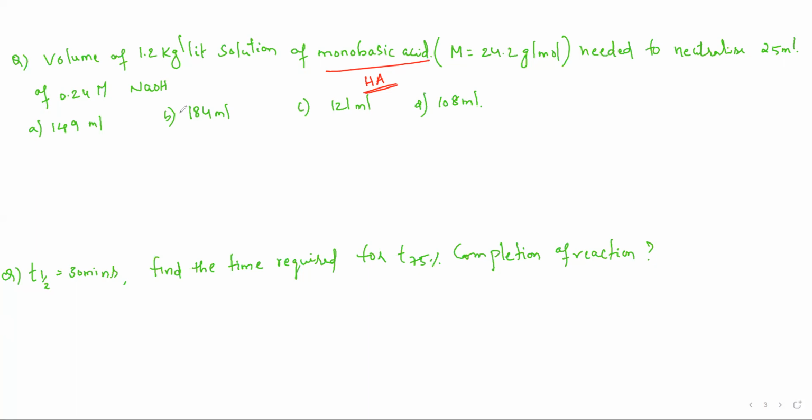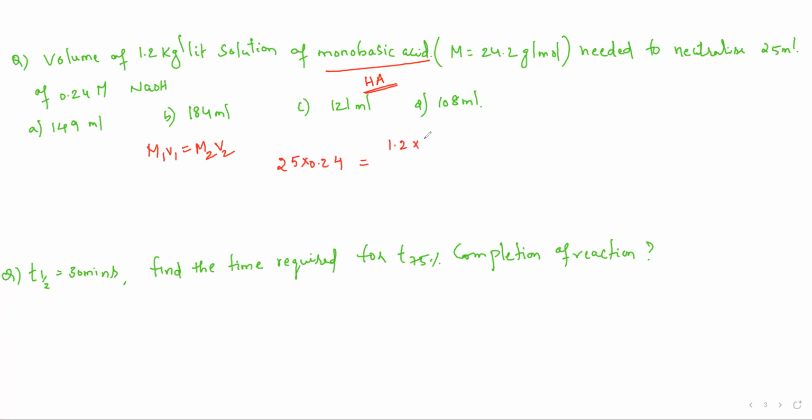So this is just M1V1 equals M2V2 based. So here acid values, base values are 25 ml into 0.24 is equal to, so it is 1.2 kg per liter.